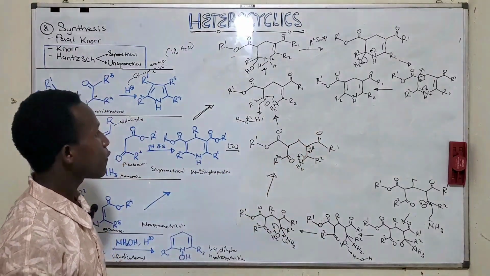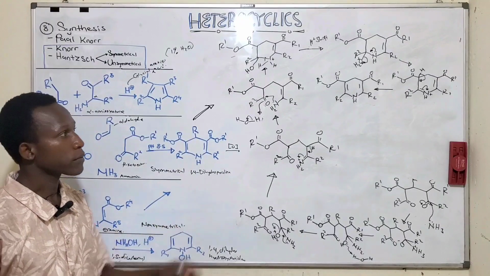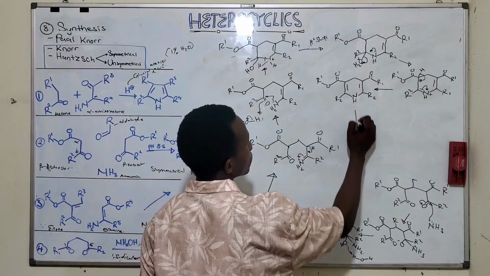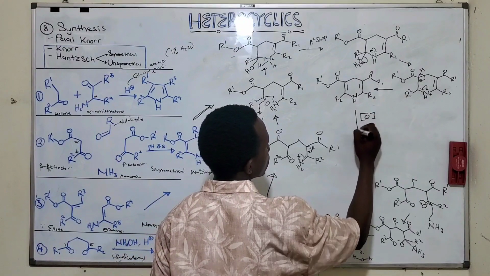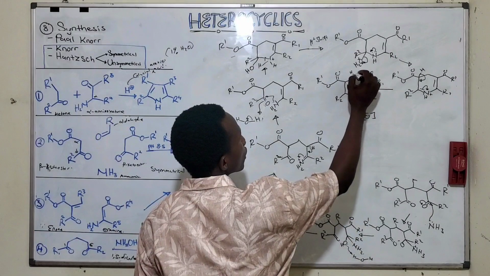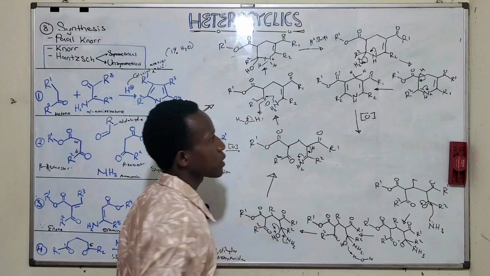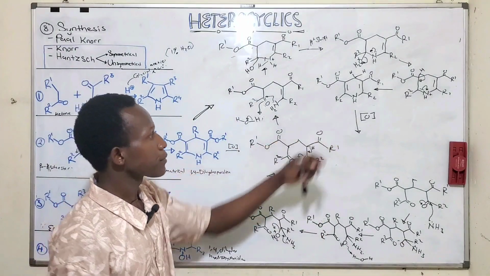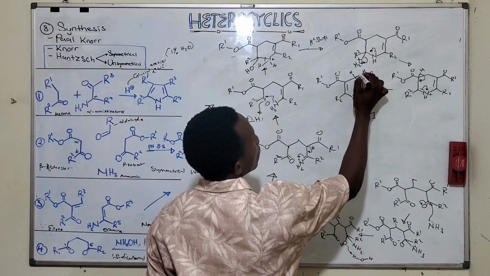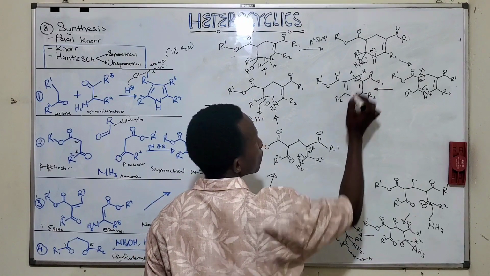So we have this 1,4-dihydropyridine. But this one, in presence of an oxidizing agent like manganese oxide, we have hydrogen atoms. This carbon is saturated. That's what we're having. So as the oxidizing agent takes the hydrogen, we can form a bond here.